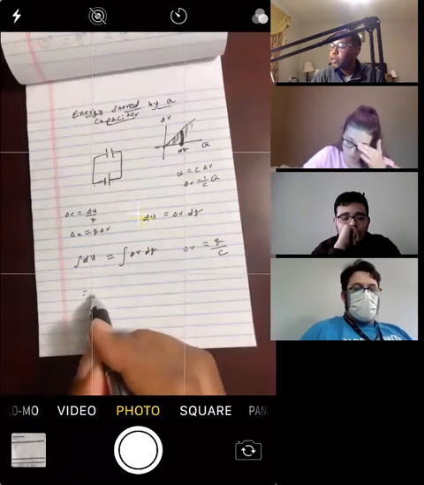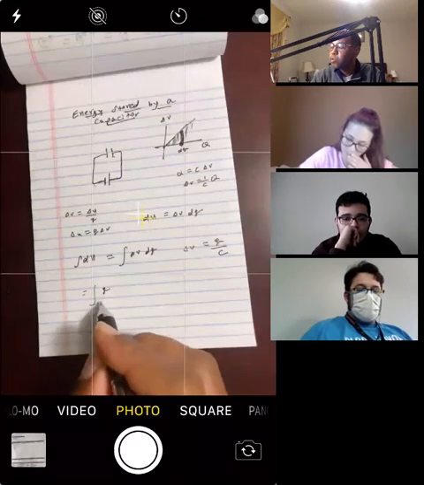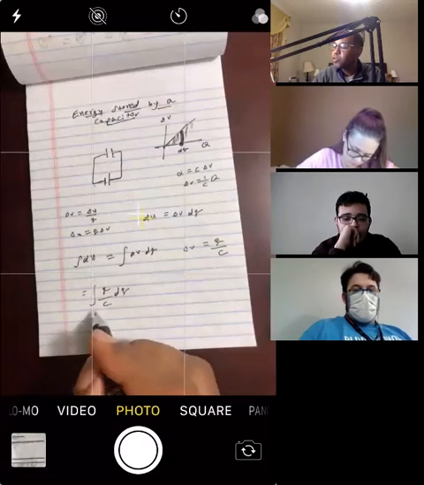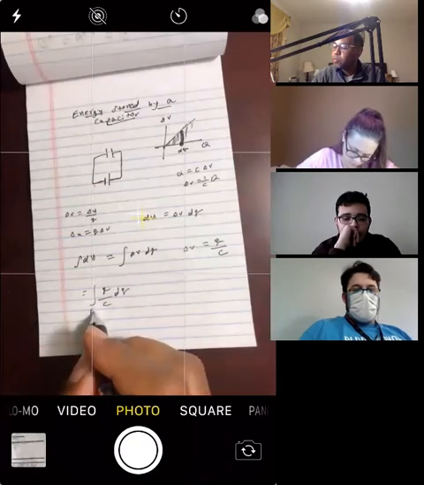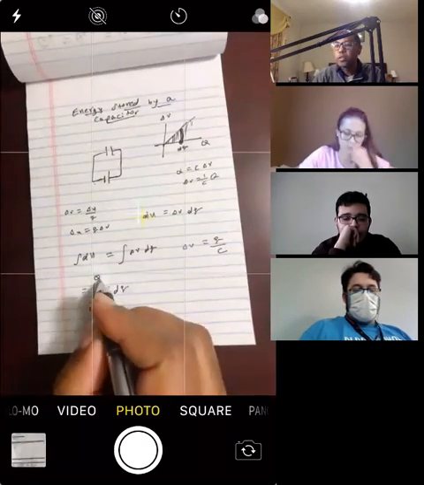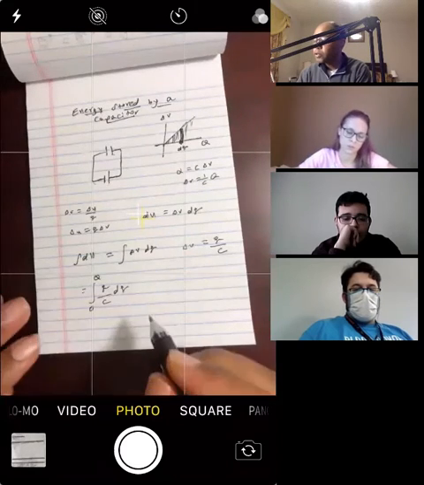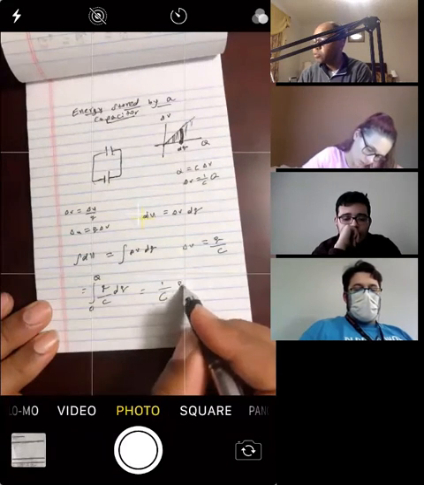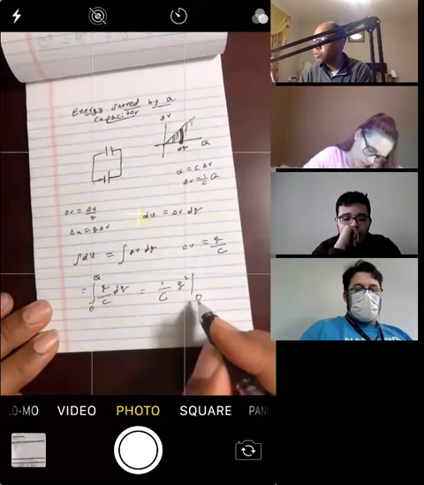So I can do this integral like this: I've got q over C times dq. The charge was initially 0, but then let's say it increases to an amount q. So you get 1 over C, and this is q squared going from 0 to total charge.